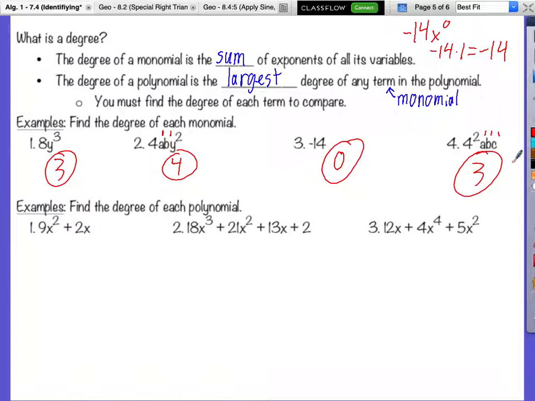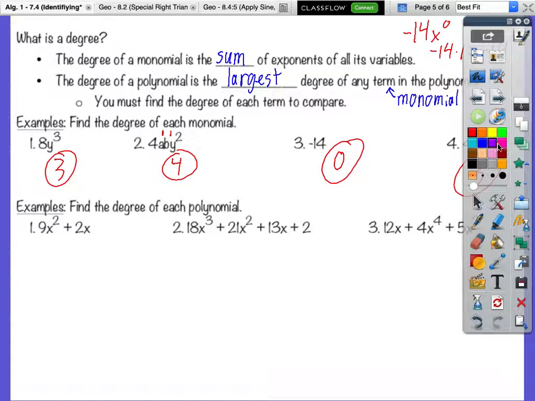Okay. So find the degree of each polynomial. To find the degree of each polynomial, we said it's the largest degree of any term in the polynomial. This has 2 terms, separated by the plus sign. So we need to find the degree of each of these and compare. What's the degree of this first one? 2, because the variable has an exponent of 2.